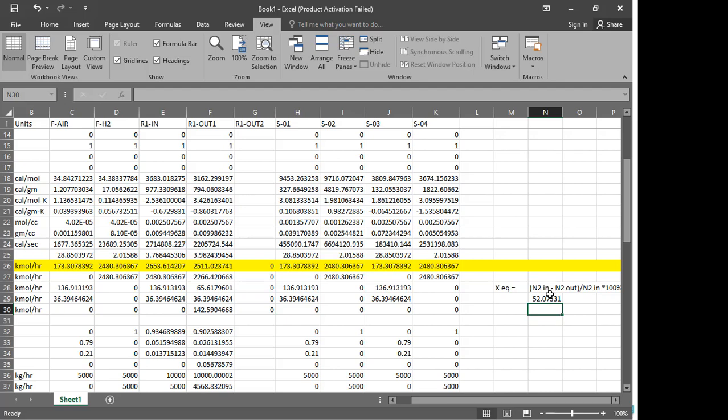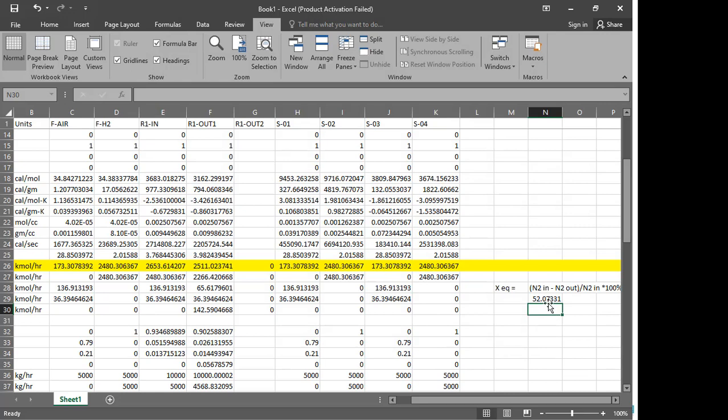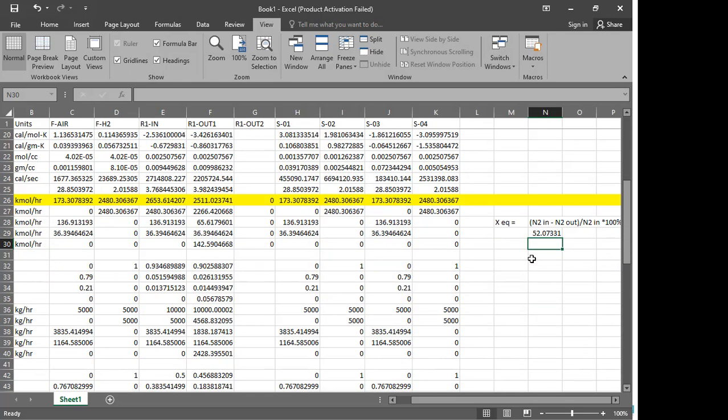This one is the equilibrium conversion of ammonia production from nitrogen and hydrogen. So the equilibrium conversion is 52.07331.